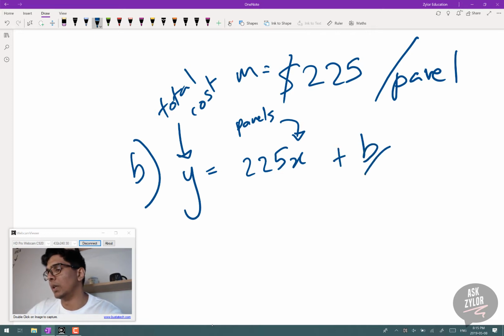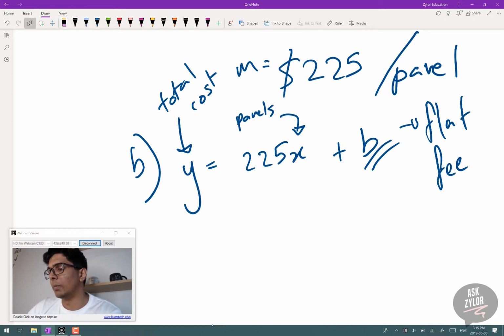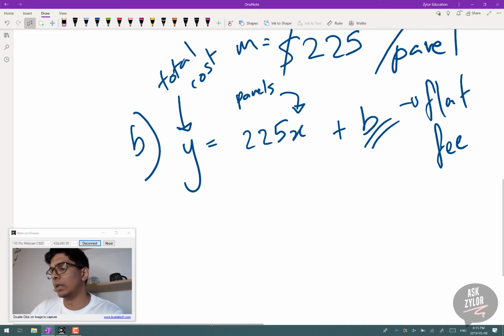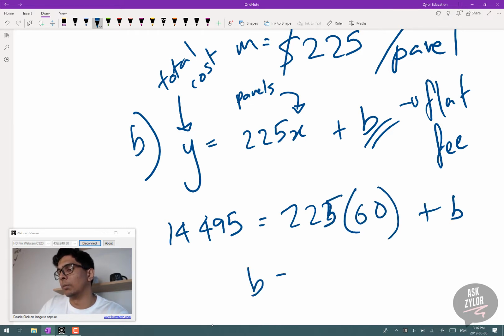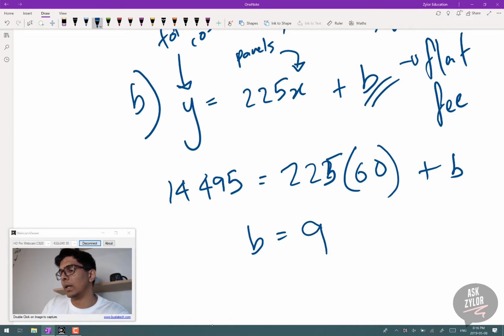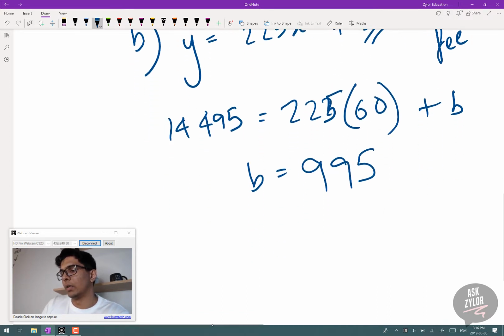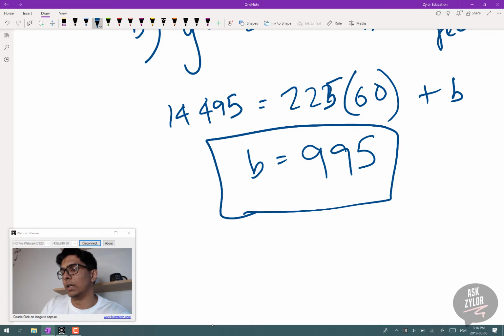Plus b will be my flat fee. Right. So in order to find b, I can plug in one of the points I had initially. So I can plug in 14,495 equals 225 multiplied by 60 plus my b, and my b will evaluate to 995. So my flat fee will be $995.